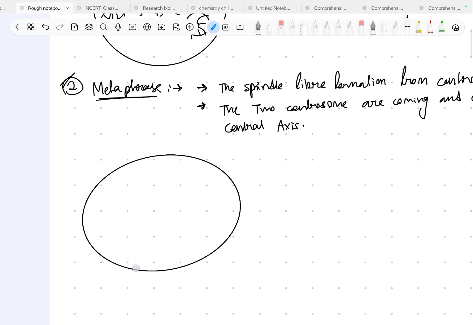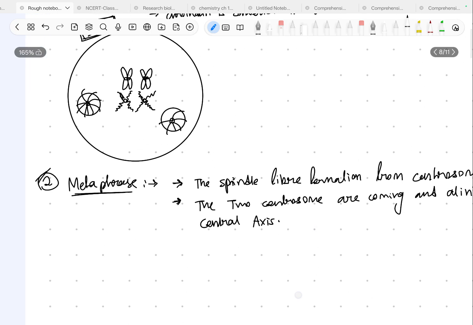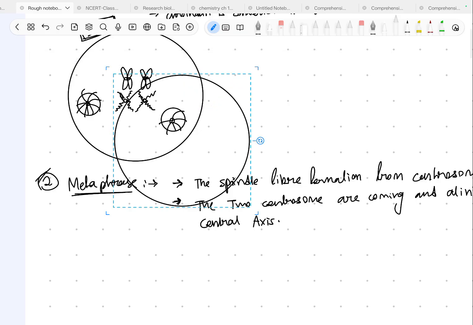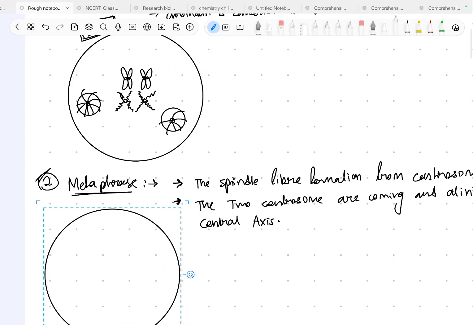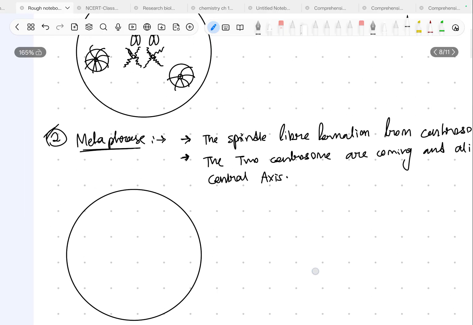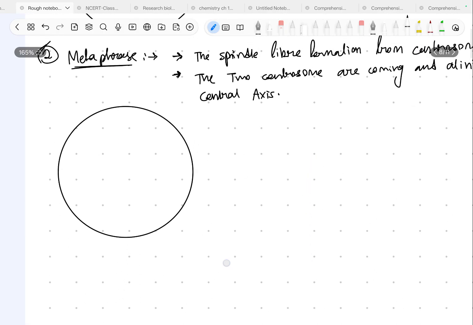So let me draw like this. Sorry, I am not drawing properly. We can duplicate also here. This is very simple. So now we see that here the spindle fiber formation started, means the spindle fibers are actually forming.